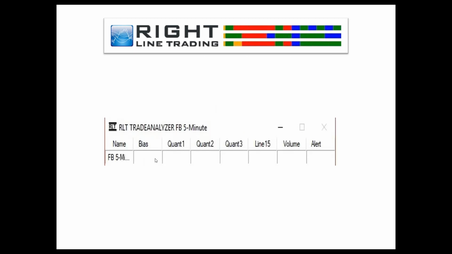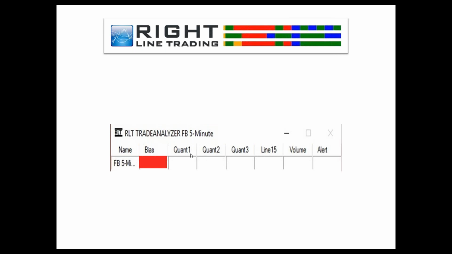Now, initially, the trade analyzer is just white. There's nothing here. Now, when bias goes red, this is a 5-minute of Facebook, it tells you that you have that multi-time frame alignment to the downside. I want to show you how that is represented on the charts.